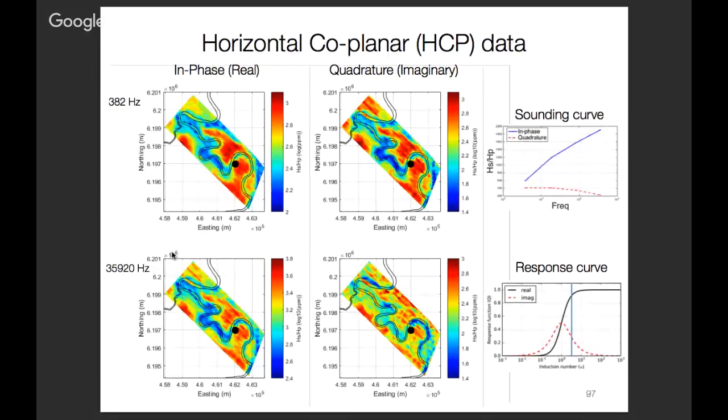You're at the high induction. Why? Perfect. So induction number, remember that was like omega L upon R, but you can think of it as being frequency. So as you go up in induction number, you're also going up in frequency.